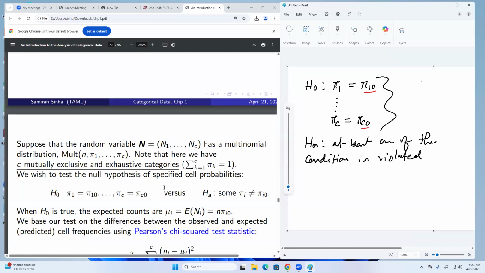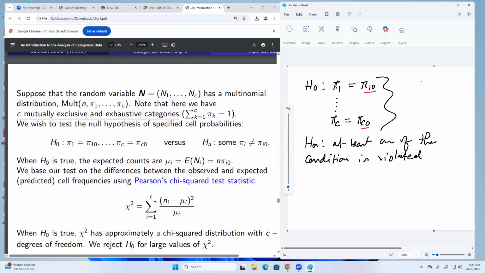Now, how do you test that hypothesis? We test it through the Pearson chi-square test. And the test statistic looks like the following.